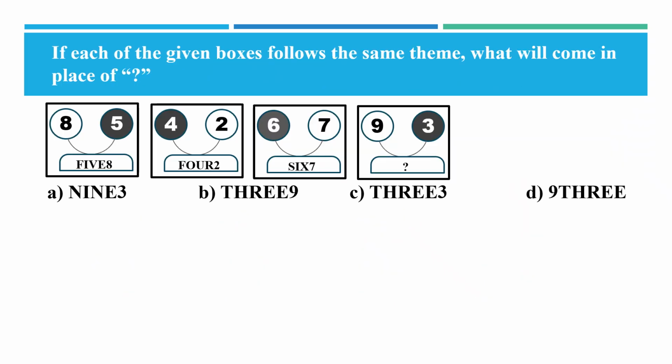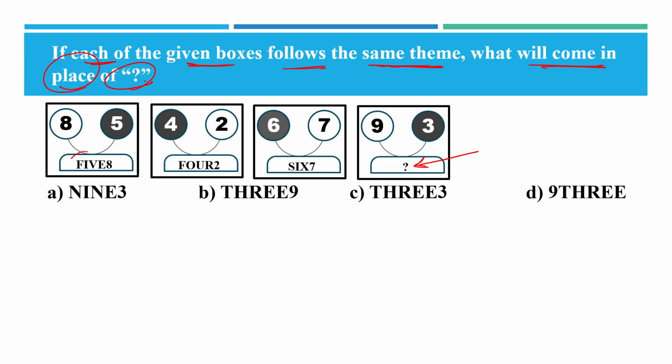Okay, here we have the next question. If each of the given boxes follows the same theme, what will come in the place of the question mark? The question mark is here. Let's understand the theme or the pattern given.